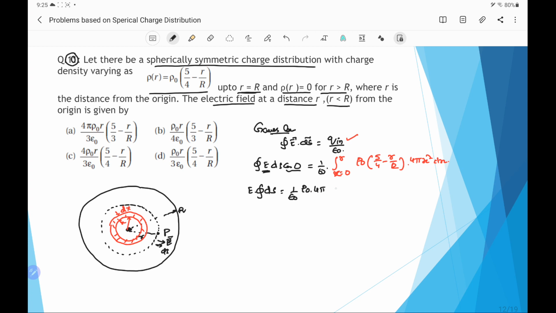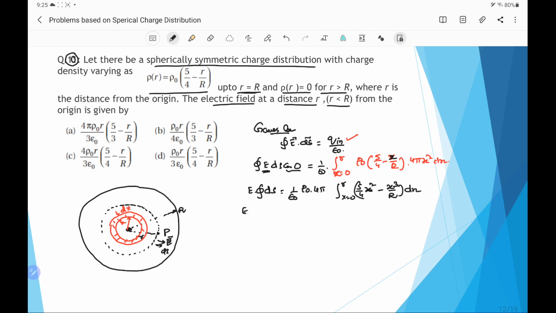The remaining is the integral from x equal to 0 to r of 5 by 4 minus x by capital R. Here we also have to take x, because we are taking the density at the distance x, and it becomes 5 by 4 x square minus x cube by R, dx.